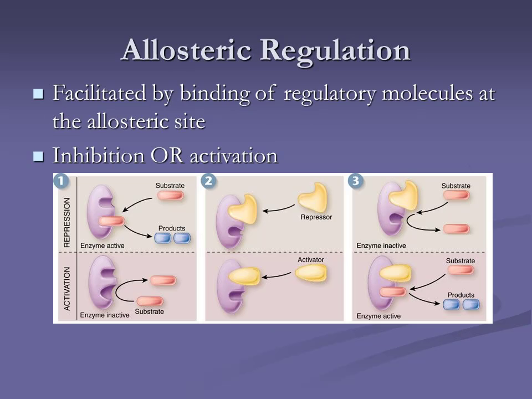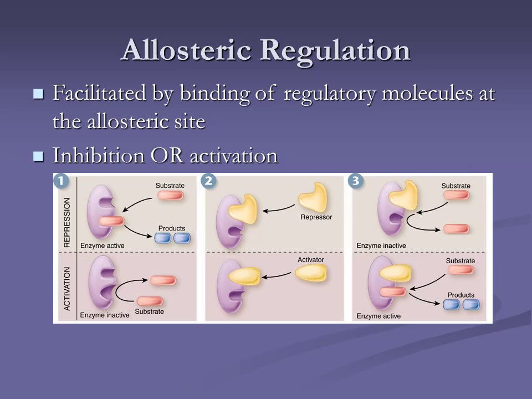Now, allosteric. I want you to understand that allosteric means we're not doing anything to the enzyme at the active site. That competitive inhibitor, where was that inhibitor binding? The active site. Allosteric means a different site, a different place on the enzyme.